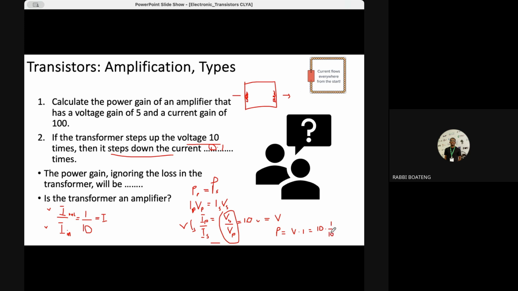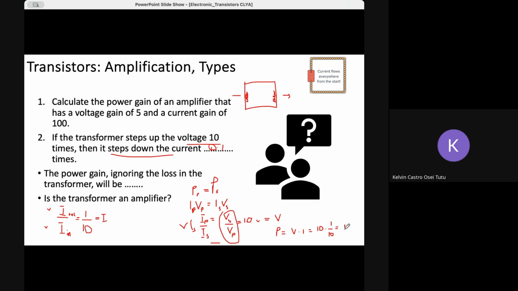What would be the answer for my power gain here, please? It will be 1. And if we have a power gain of 1, does it mean the amplification is changing the weak signal? No. It's not doing anything to it at all.